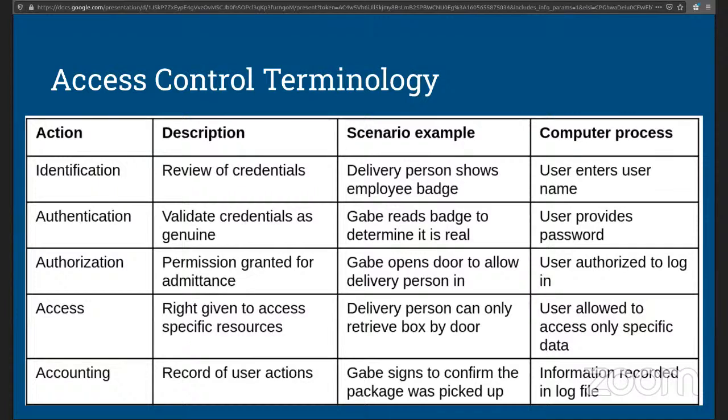We have to figure out how are they going to authenticate, who's going to authorize who to get in, what kind of access will they have, and through all that process, how are we going to have a record of said user who got access to this file or to this folder, to this server, and they were authenticated by this system.